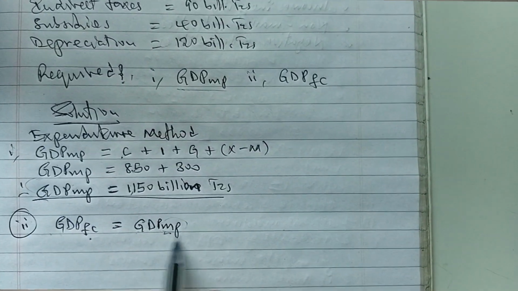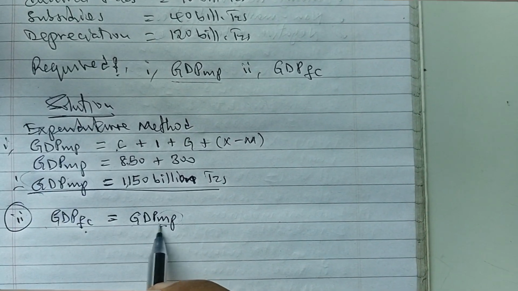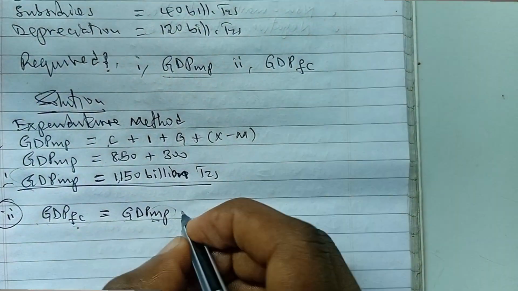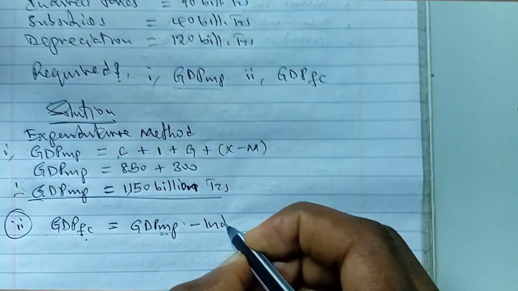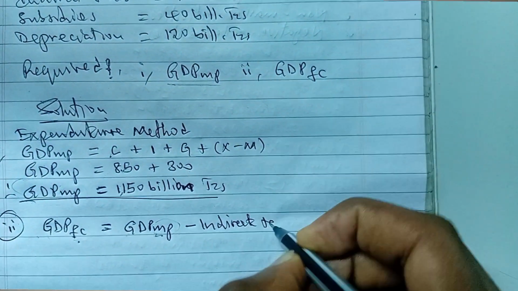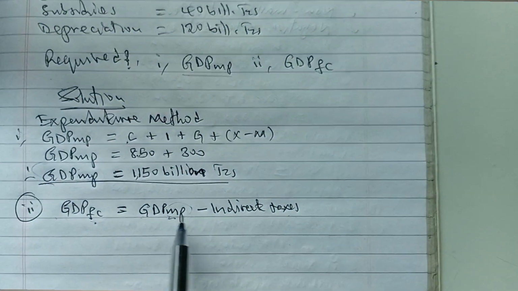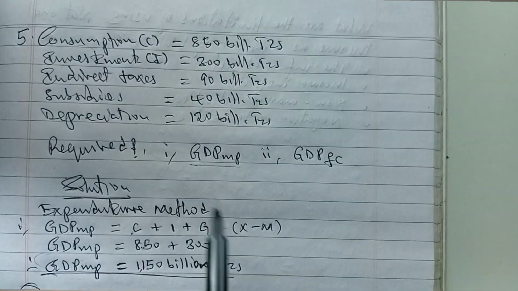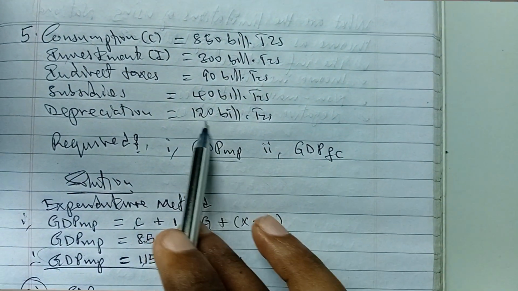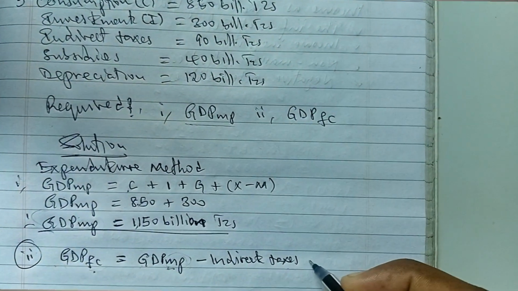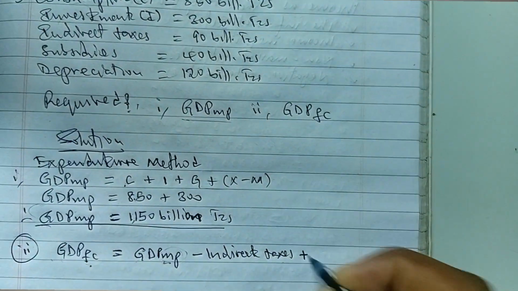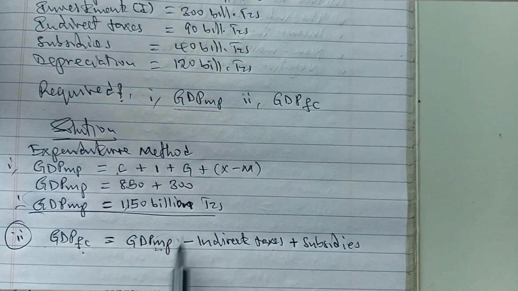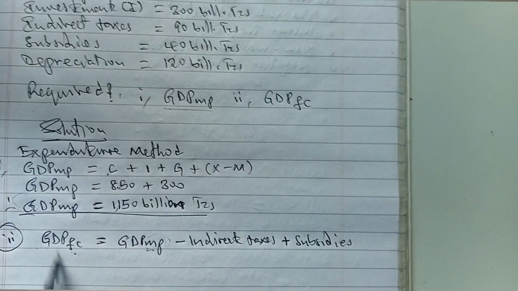Market prices, as we know, include indirect taxes. In order to return to the factor cost, we have to deduct indirect taxes. But we should also remember that market prices do not consider subsidies. Here we have subsidies of about 40 billion, so we are going to add subsidies to our market price in order to obtain factor cost.